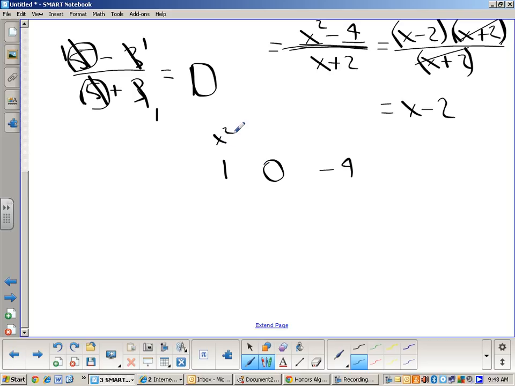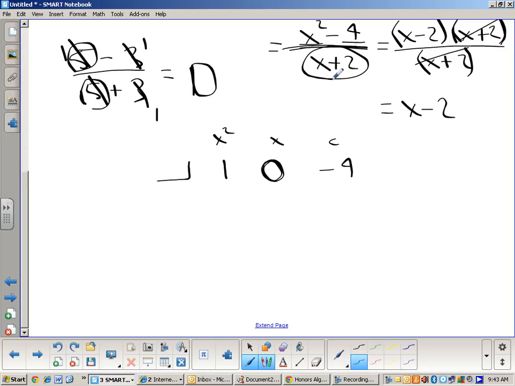Remember, x squared, x, and the constant. And there's no x term, so that meant the coefficient was 0. And then this is written as a factor. So what number goes out here?